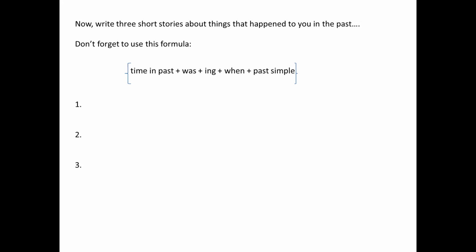So I want you to write 3 basic sentences following this formula. You can go ahead, pause the video, and write these into your notebooks.